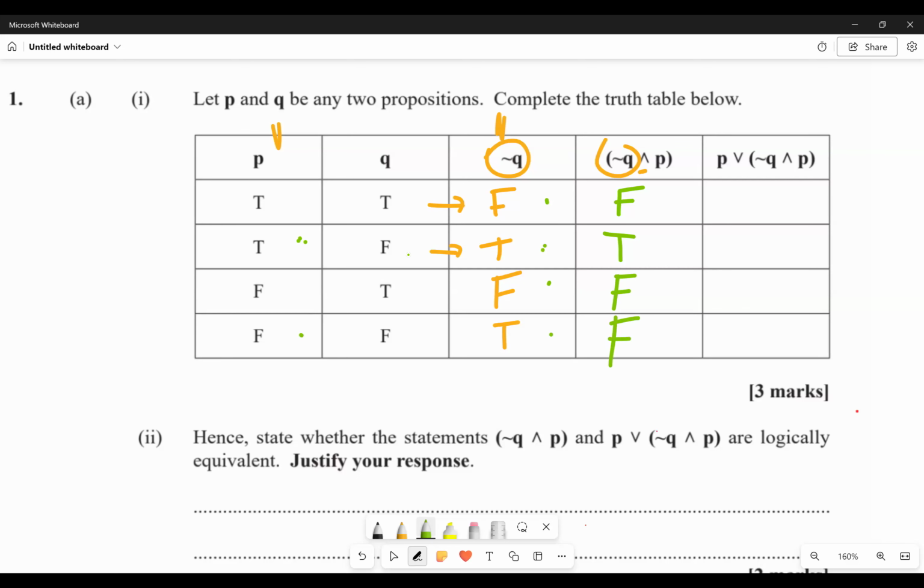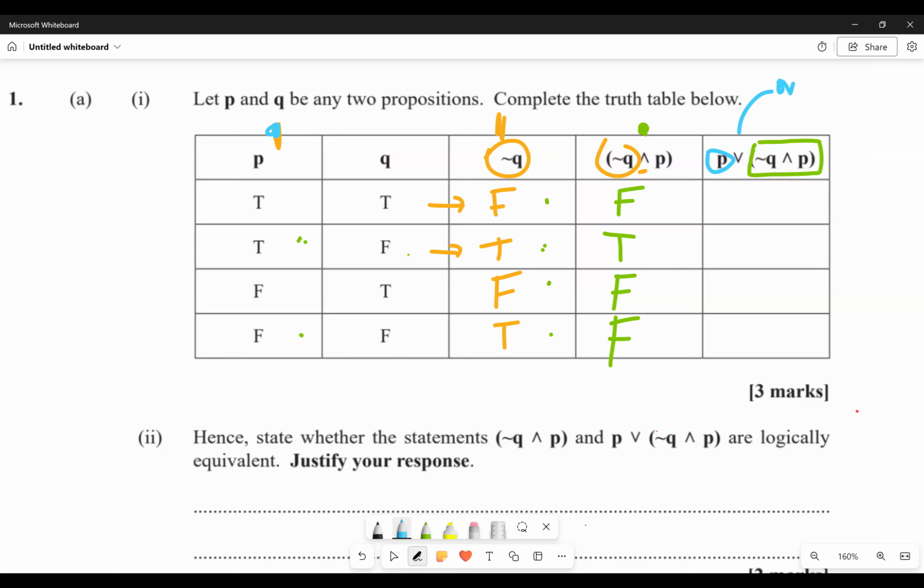Cool. Now we have this section, and this is here. This now is the OR symbol. OR means that it's only false if both of them are false.